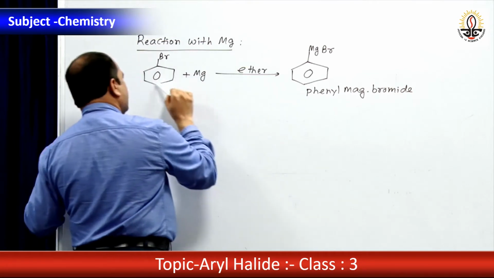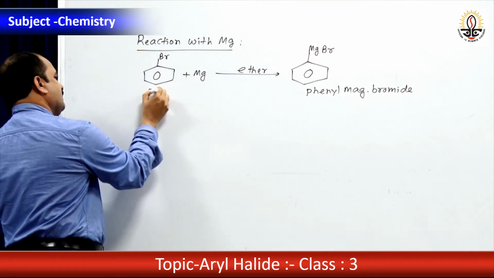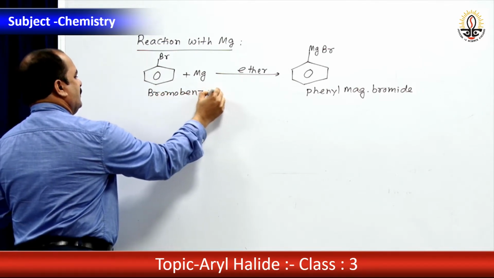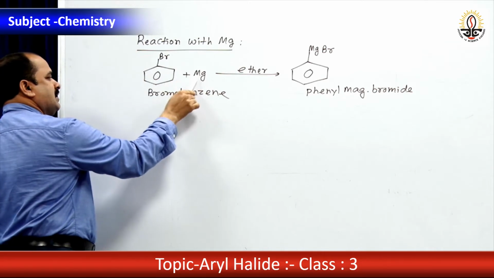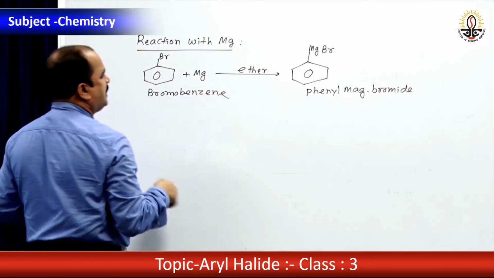So when aryl halide reacts with magnesium, Grignard reagent is formed. When bromobenzene reacts with magnesium in presence of ether, phenyl magnesium bromide, or Grignard reagent, is formed.